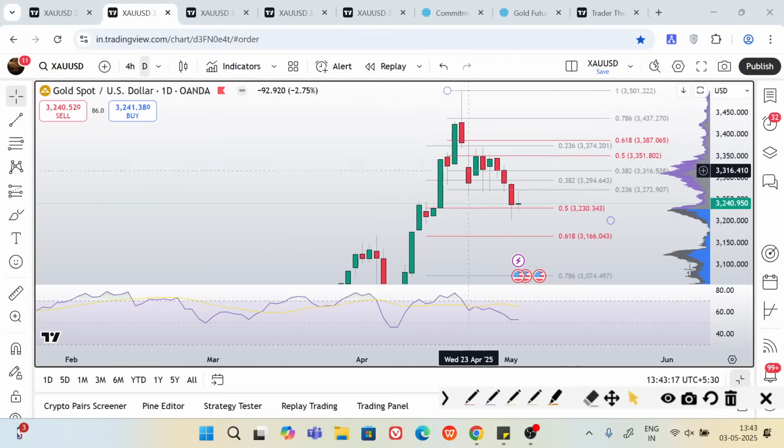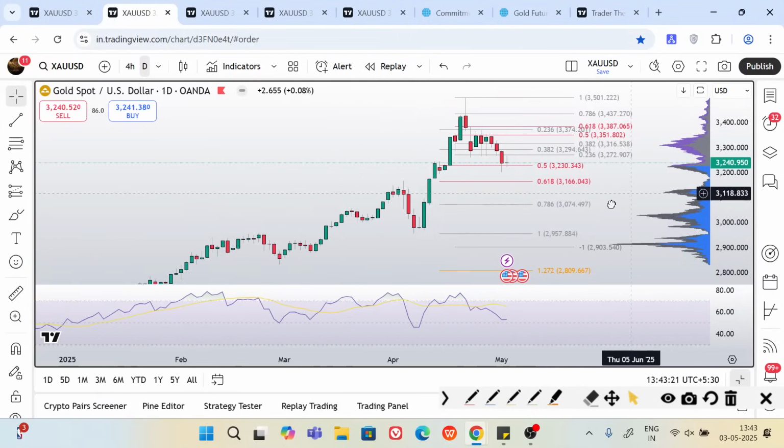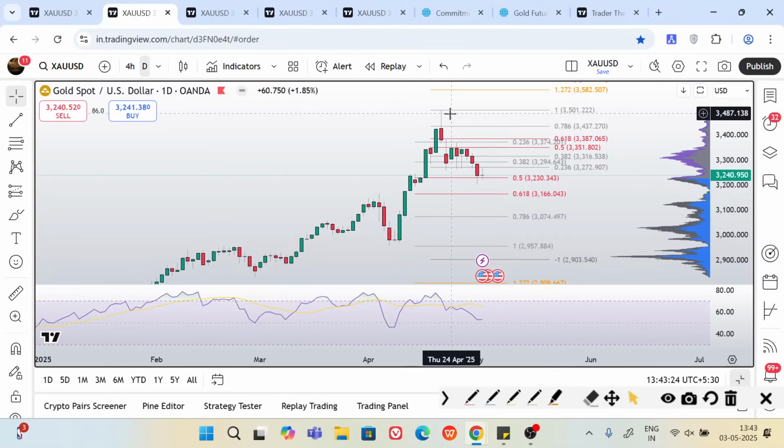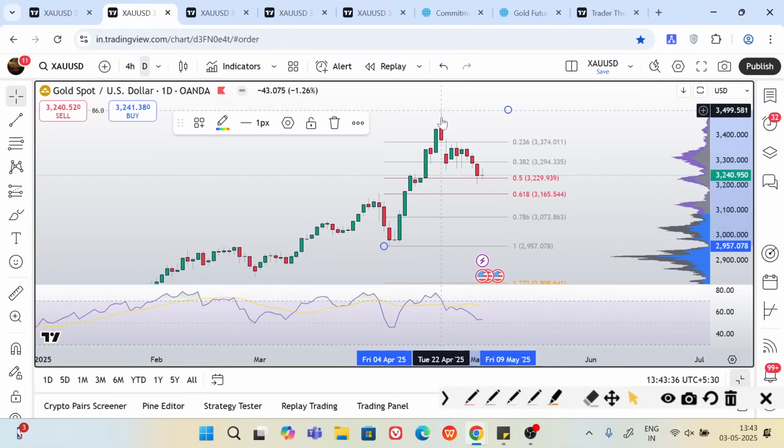Now into the lower side, what are the support levels on daily time frame that we have to watch? Let me remove the resistance levels and let's talk about the support levels now. So if we draw the Fibonacci levels for this low, around here, and to this high, you can see that right now price is testing this 50% retracement, that is 3229 on daily time frame.